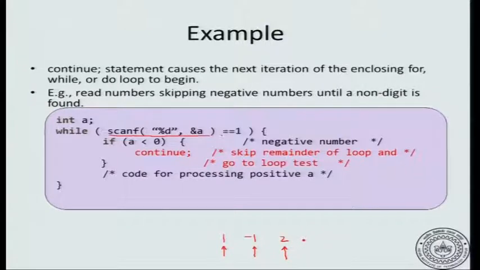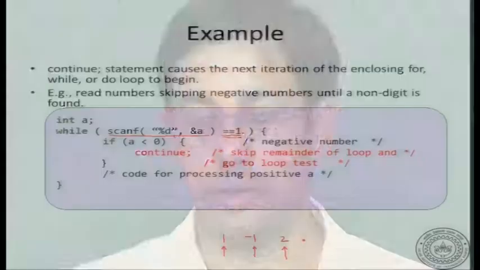But what does equal to 1 mean? This is something that we have not encountered so far. The scanf statement has a return value. It gives you the number of inputs that were successfully read.